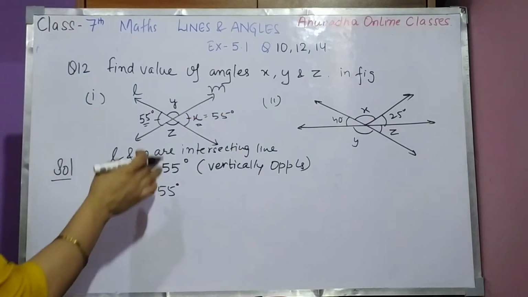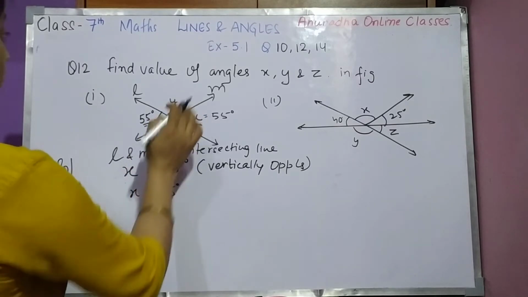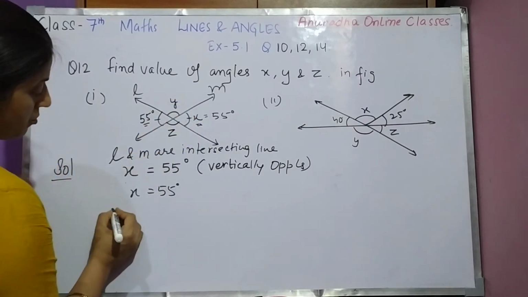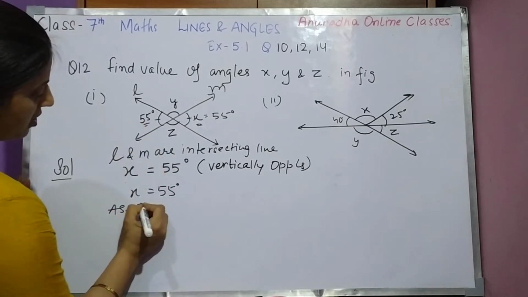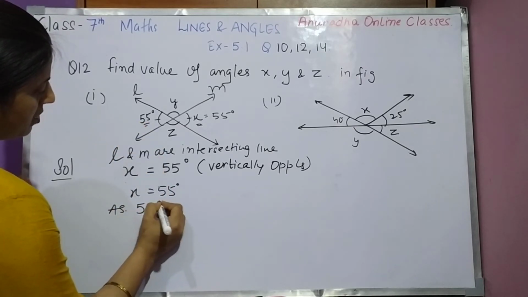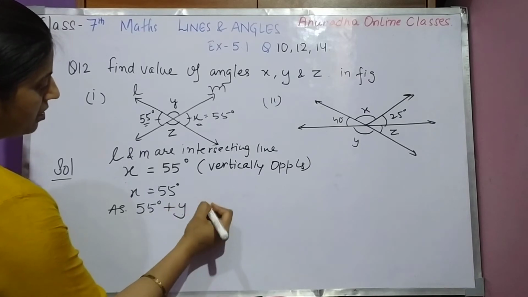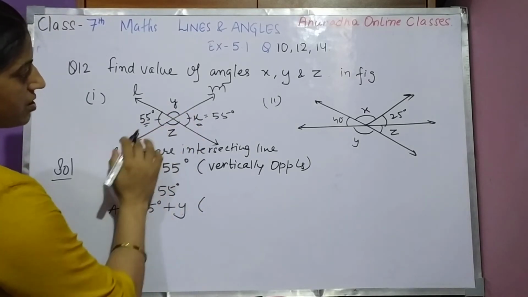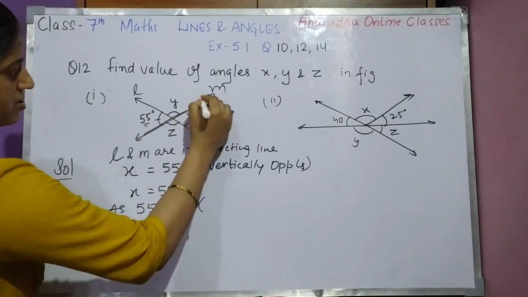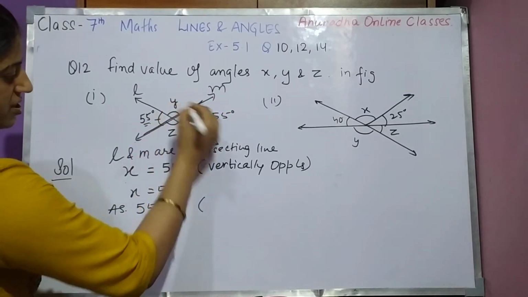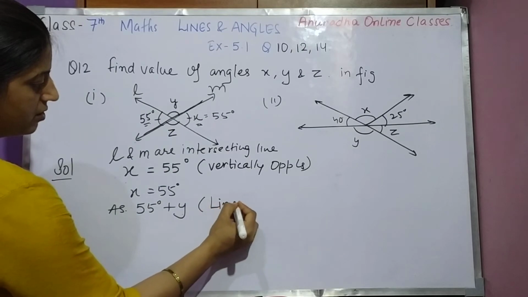Now see, next what have they asked? Y. So 55 degrees plus y, this is a straight line. It is coming on M, this is a straight line. That means this plus this is a linear pair.